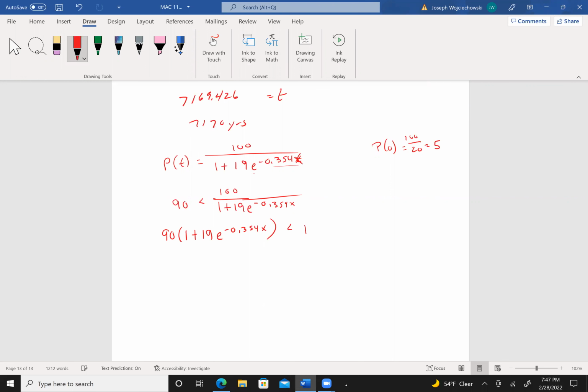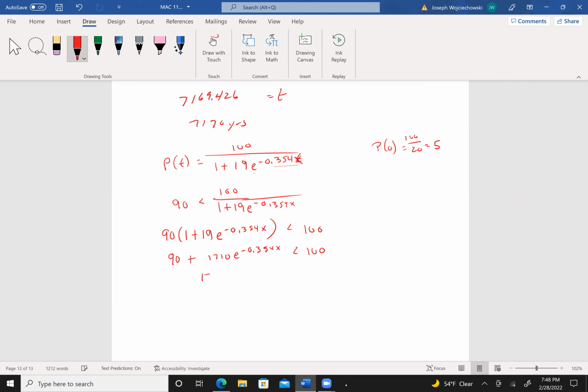And when is this going to be less than 100? Well, what is this? This is 90 plus 90 times 19. 1,710 times e to the negative 0.354x, and that has to be less than 100.